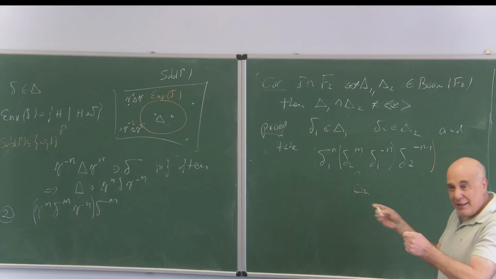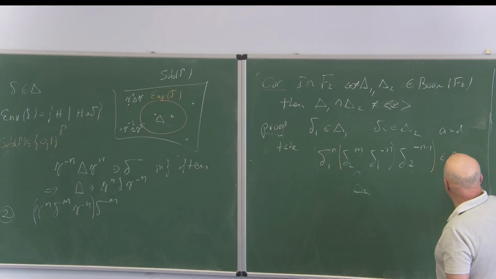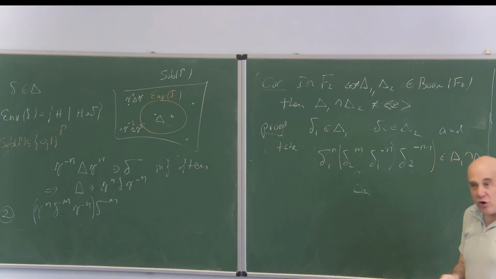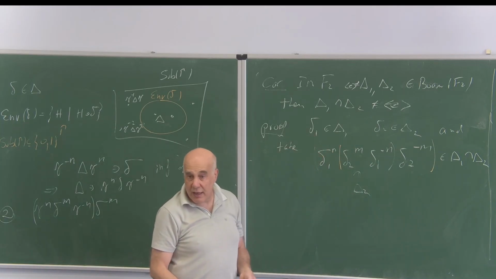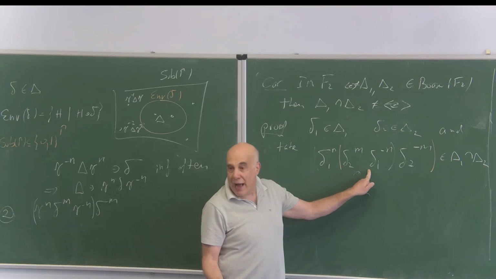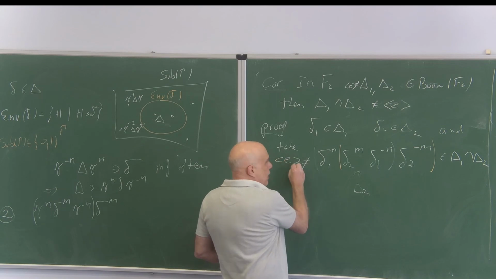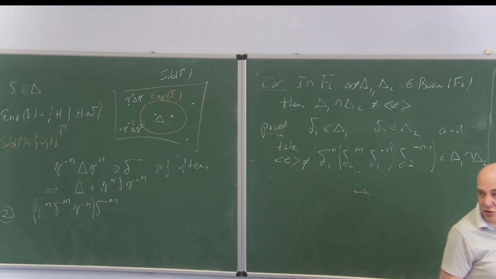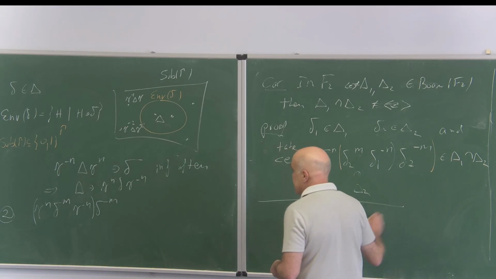So an appropriate choice of m and n guarantees that this falls inside the intersection. Since these are two non-commuting elements in the free group, they generate a free group in their own right, and no matter what this expression is, it's not going to be trivial. So I found a non-trivial element inside the intersection of these two Boomerang subgroups.